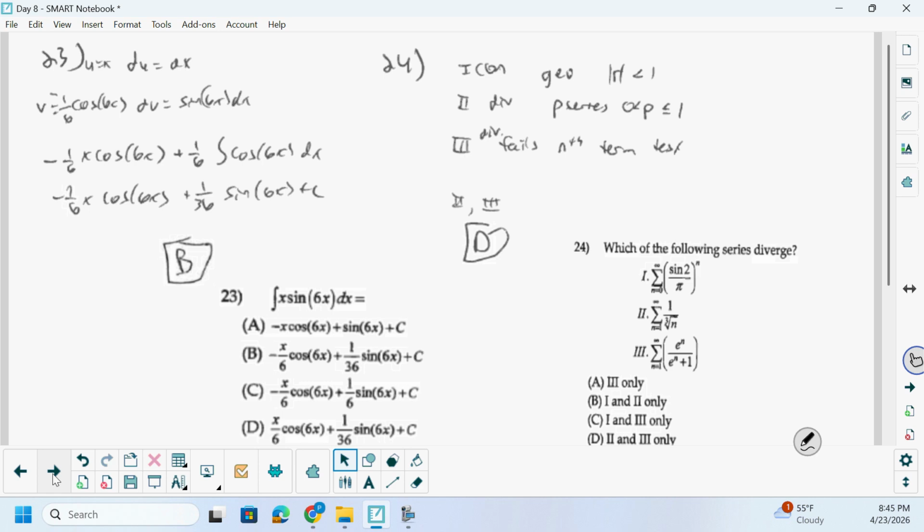So 1 will converge, and we're looking for diverges. 2, we've got a p series with p greater than 0, less than or equal to 1, so that's a diverge. And as n goes to infinity in choice 3, that plus 1 is not doing anything. So you have essentially e to the n over e to the n. So those terms will approach 1. Because the terms are not approaching 0 when n goes to infinity, that diverges by the nth term test. So choice D, which was options 2 and 3.